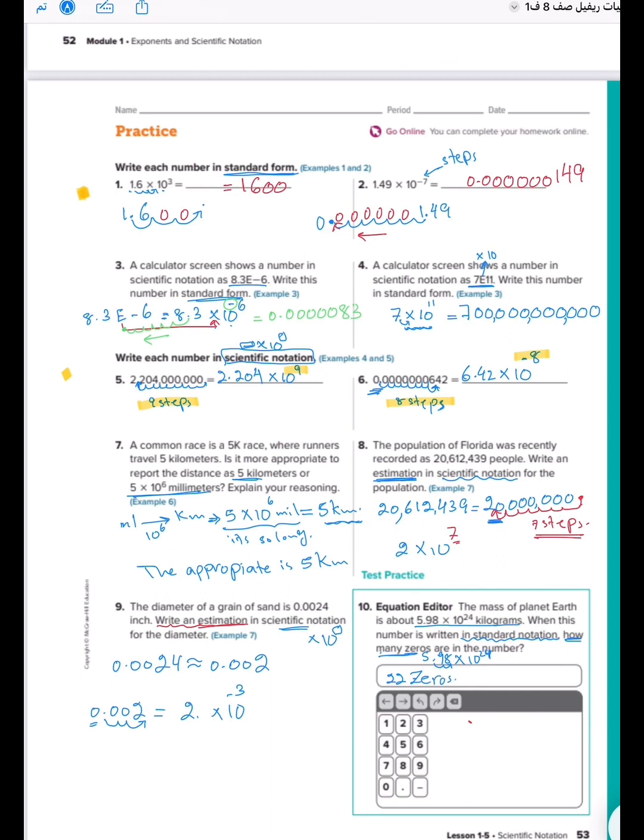Move it 1, 2, so it will be 598. Okay, and now 1 2 3 4 5 6 7 8, and we will count until 22 zeros. How do we know 22? Because it's 24 and we moved 1, 2 here, so it's 2 steps, so we still have 22 steps, so 22 zeros. We finished lesson 1.5.